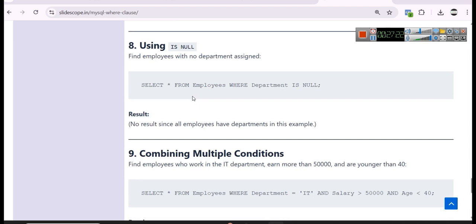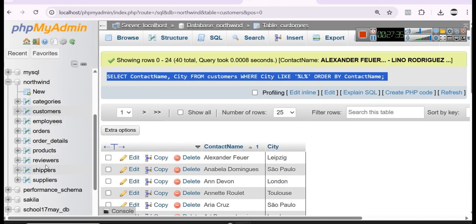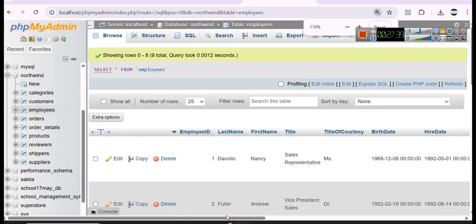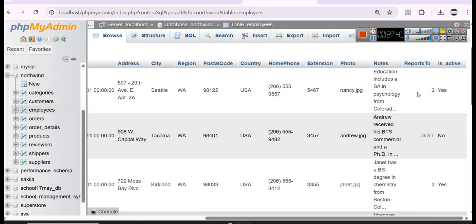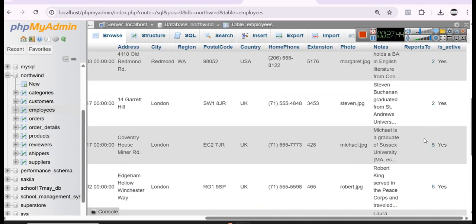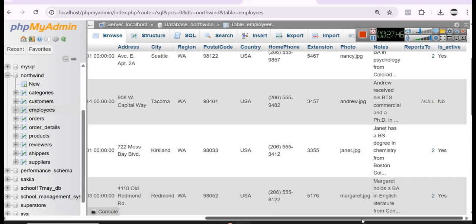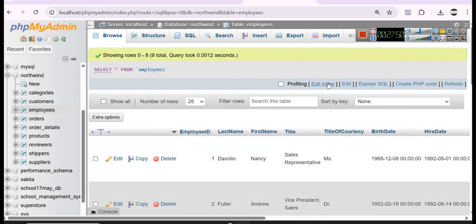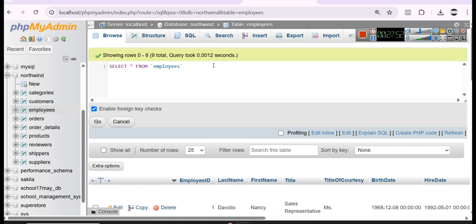Now let's see another example. Find employees with no department assigned. So there is a query called IS NULL. For example, we have employees, and in employees we have information of report to. So for some employees, this report to is null. If an employee does not report to anyone, then report to is null.